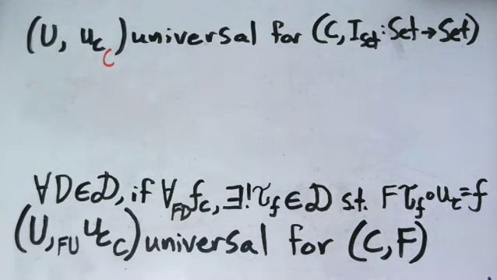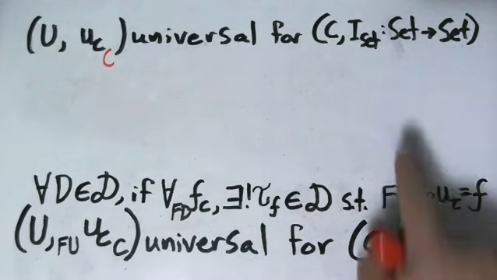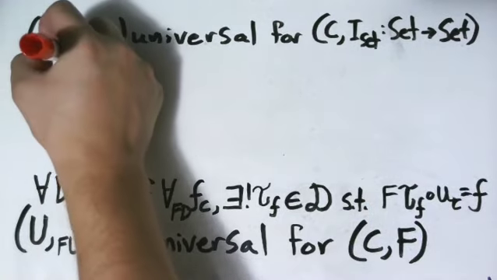But f of U is just U because this is the identity functor.